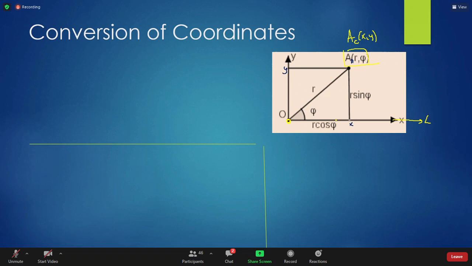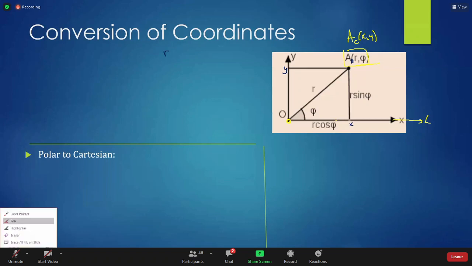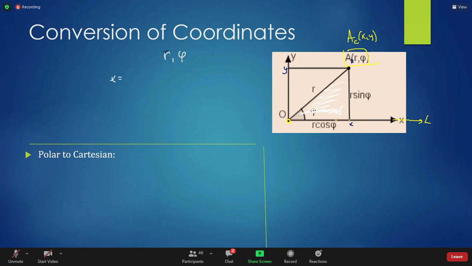So how do we convert? Let's start with polar to Cartesian. Suppose the coordinates are r and the angle phi. Consider this triangle. In a right triangle, the adjacent leg, that would be the leg x, is the hypotenuse times the cosine of the adjacent angle.